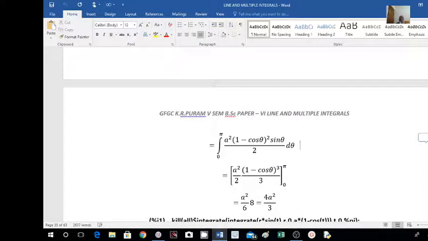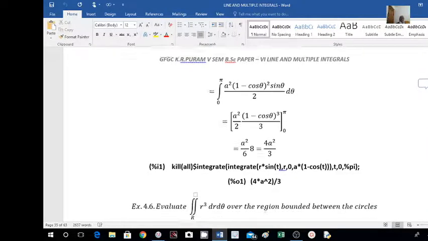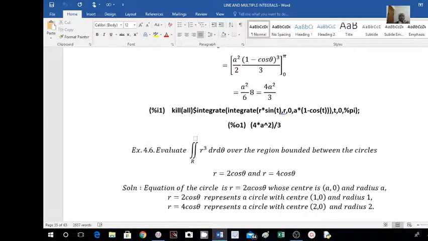Again I will verify this result with Maxima. This is the code in Maxima.